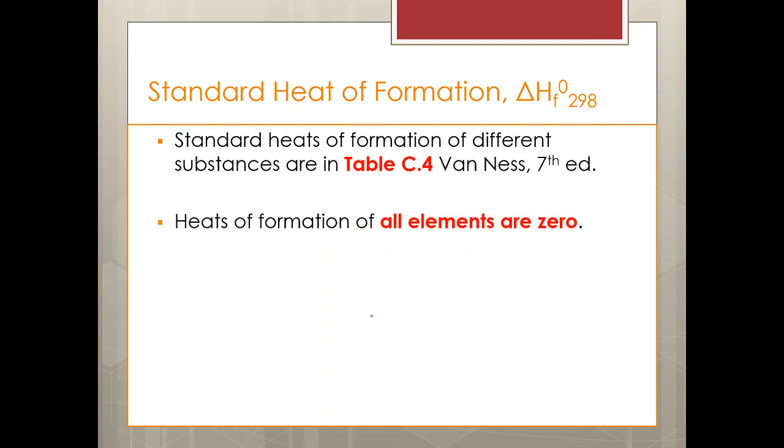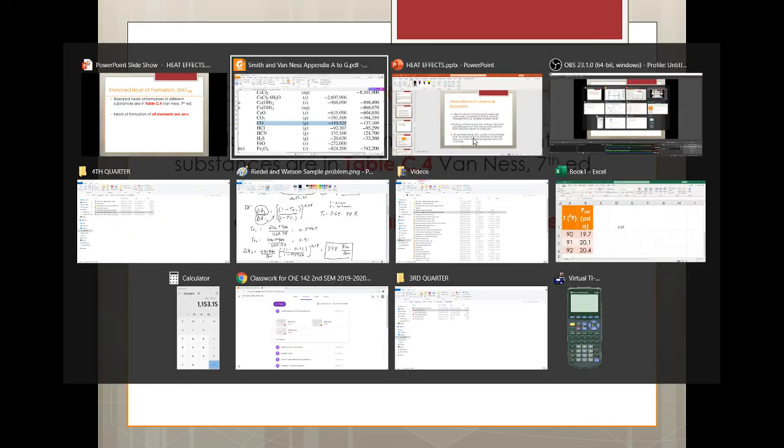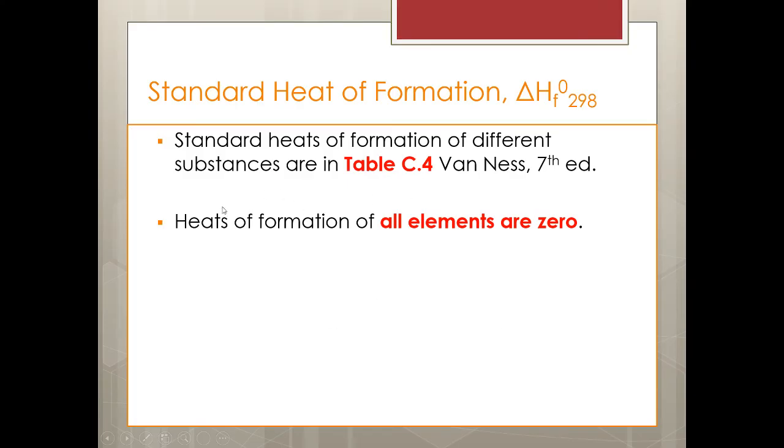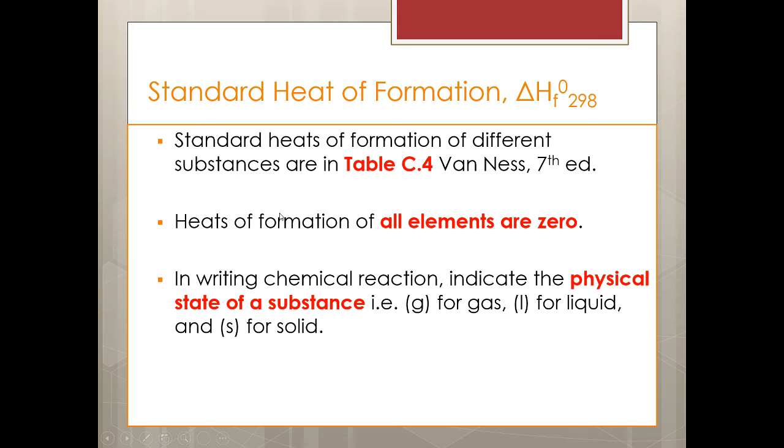Yan nga. Standard heats of formation of different substances ay nasa table nito sa Van Ness. Okay. Alam na natin to. Heats of formation of elements are 0. Then, pag nagsusulat tayo ng chemical reaction, do not forget to state the physical state of the substance.